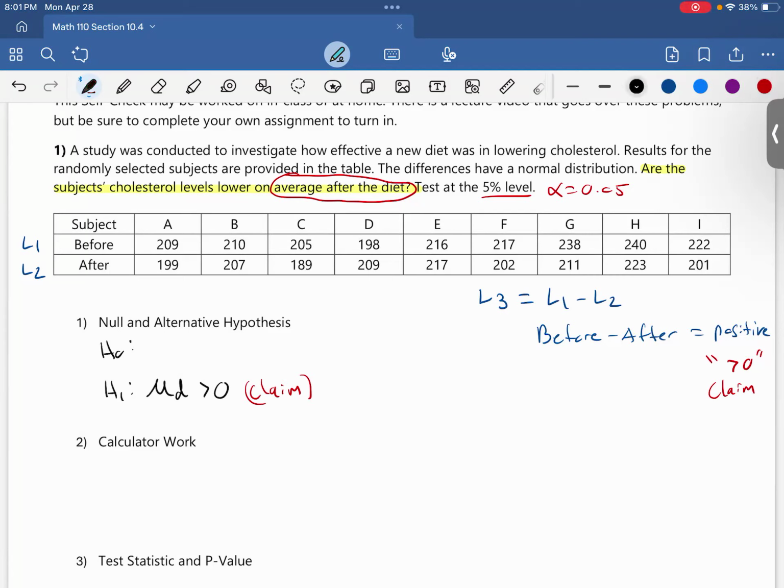And that means our null is less than or equal to 0. Great, so here is our hypothesis set up, and now we need to go ahead and run our test.